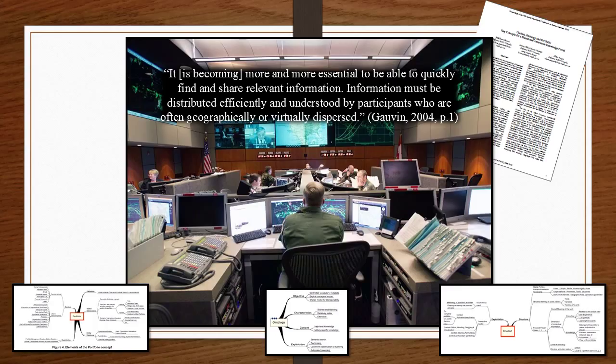All right. So over 10 years ago, a paper was authored by Defence R&D Canada developing the vision for a knowledge portal to aid the Canadian National Defence Command Centre in improving their situational awareness. They note that, quote, it's becoming more and more essential to be able to quickly find and share relevant information.